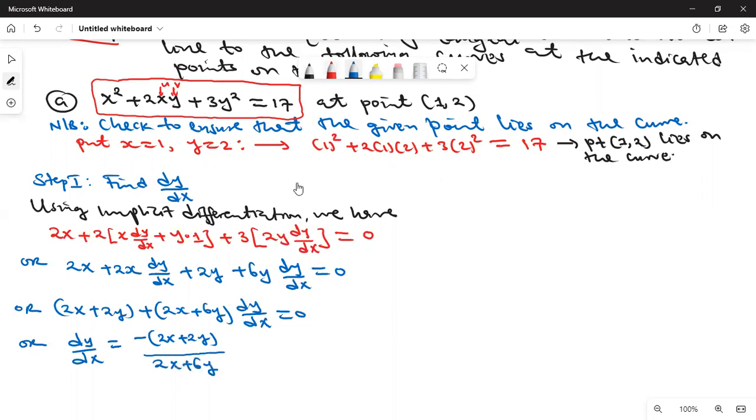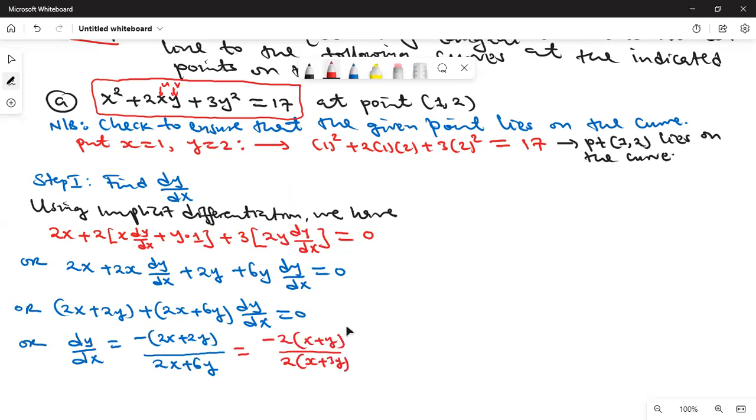And if you simplify, you see 2 is common in the numerator and denominator. That will give you negative 2 times x plus y, over 2 times x plus 3y.